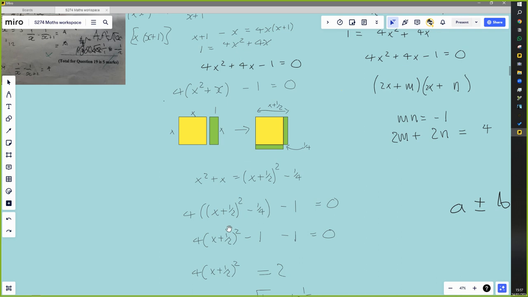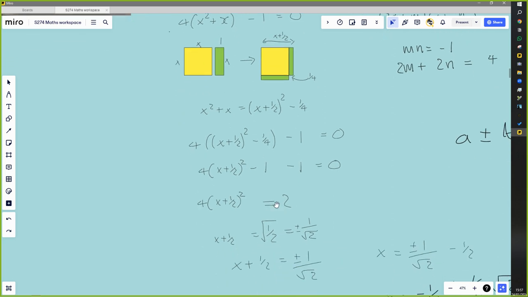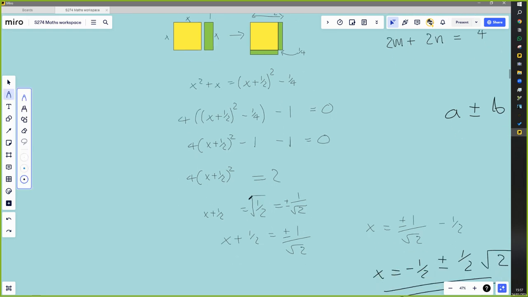I then expanded that bit out, so the quarter cancelled out with the 4, and then I collected the ones and put them over to the side. Then I divided both sides by 4 and square rooted both sides. So I ended up with x plus a half is equal to plus or minus the square root of a half.